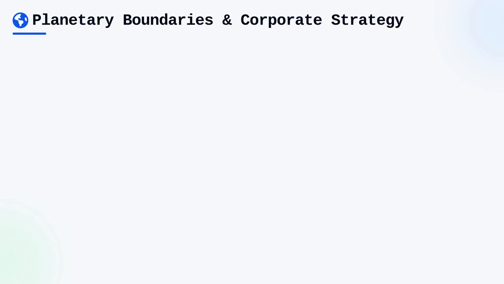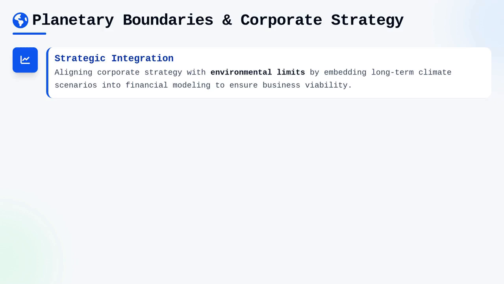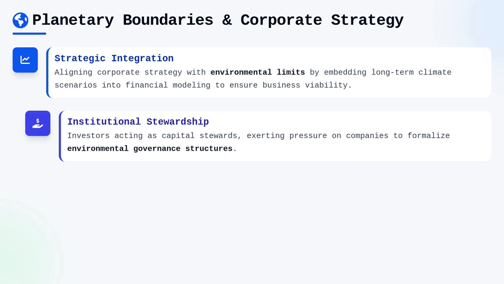Alignment with planetary boundaries necessitates that corporate strategy considers the limits within which the environment can continue to support economic activity. This requires integrating long-term climate scenarios into financial modeling to determine the ongoing viability of existing business models. Institutional investors, acting as stewards of capital, play a critical role here by exerting pressure on their investees to formalize these governance structures.